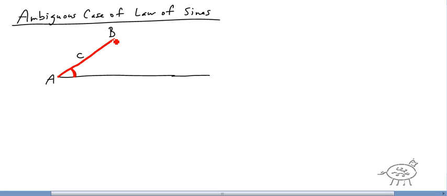What you see in black, the other side between A and C, is actually side B. That's not fixed.